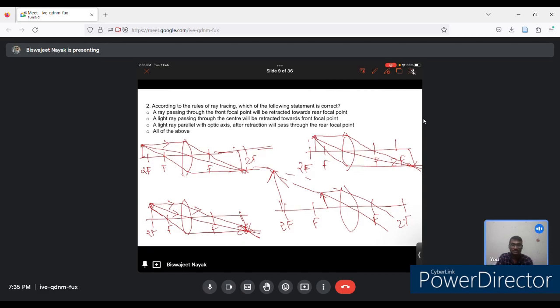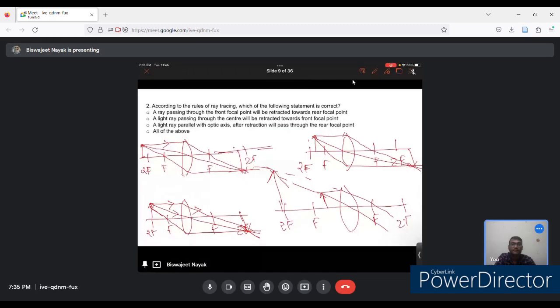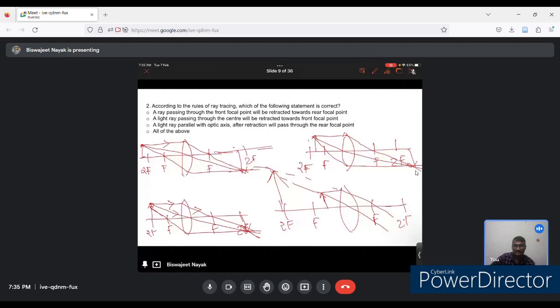A ray passing through the front focal point will be refracted towards the rear focal point. No, it cannot.